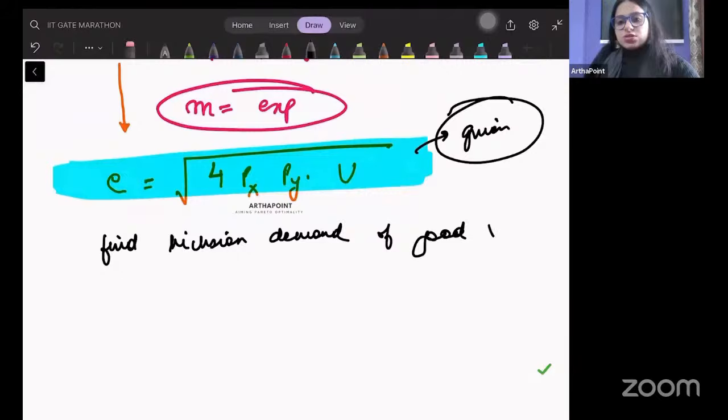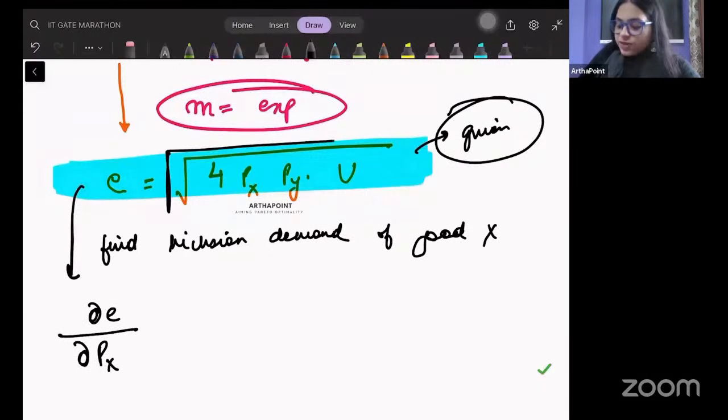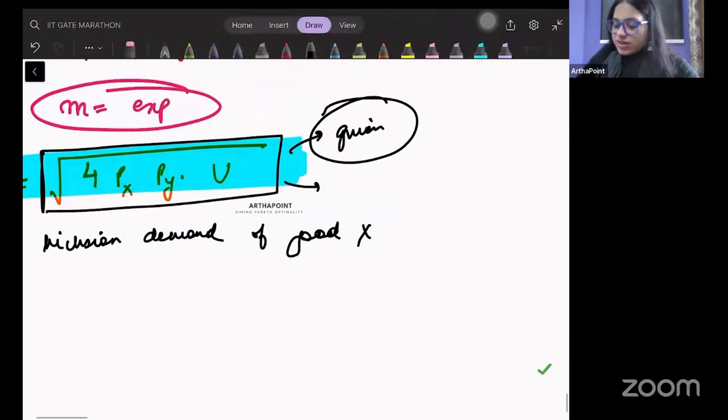So how can you find Hicksian demand? It is very simple. Hicksian demand says, according to Shepard's lemma, that you must differentiate E with respect to px. So differentiate this with respect to px.